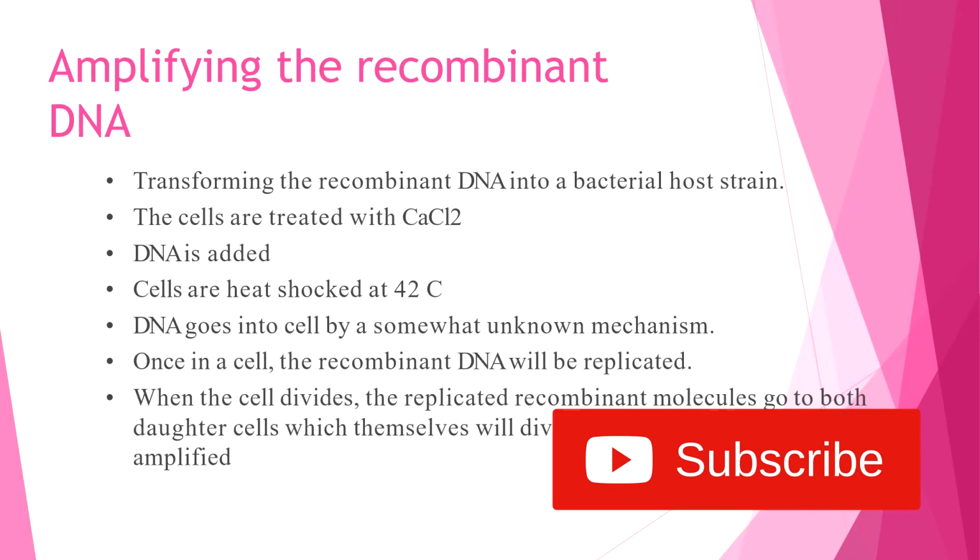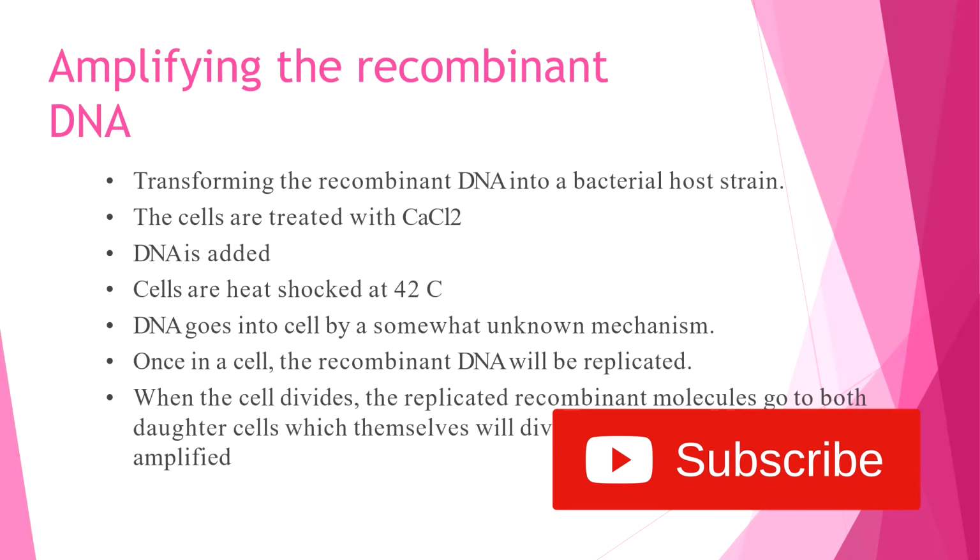So the medium has the cells along with the calcium chloride, and after that we add the DNA. Then the cells are heat shocked at 42 degrees Celsius. That will also enhance the capacity of transformation. The DNA going into the cell, that process, is termed transformation.